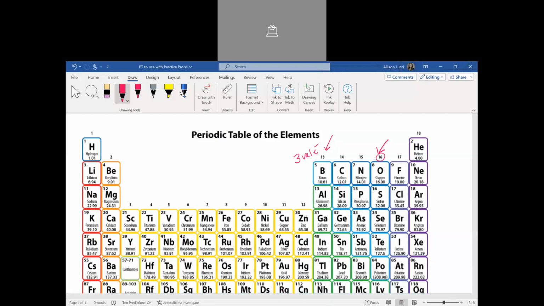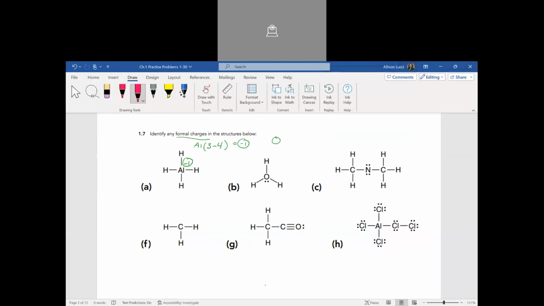Let's go back to our structure. Oxygen should have 6 minus 1 for each of the bonds, 1, 2, 3, and we count all the lone pair electrons, 4, 5. So we have 6 minus 5. So we see a +1 formal charge on our oxygen.